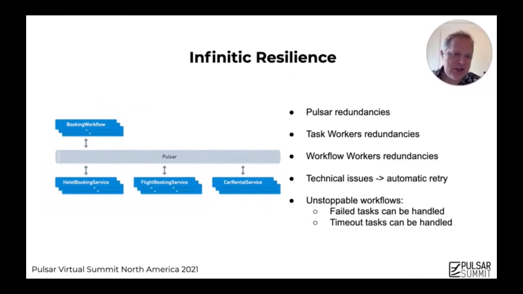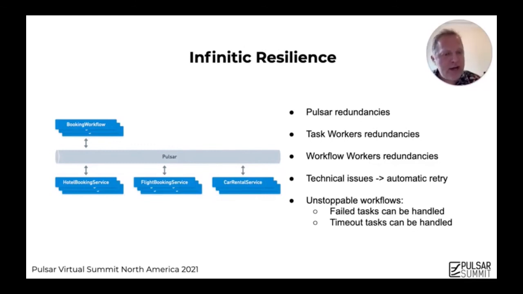If you have some bugs inside the code, you still have the automatic retry process. If a service is completely shut down, another service will take over the work later. And if you have a bug that completely prevents you, for example, from running a task, you can still handle this failure in workflows.